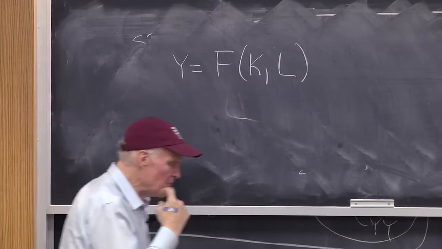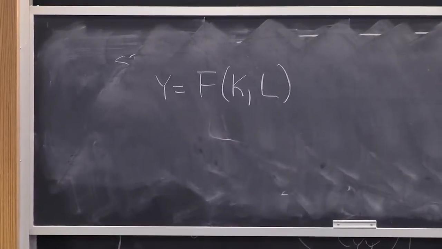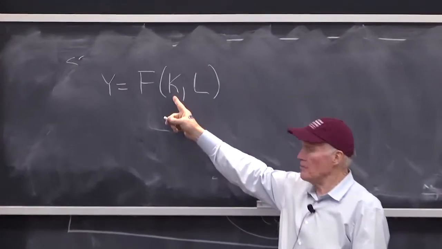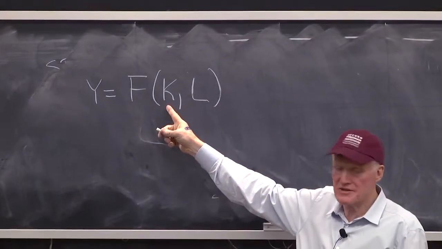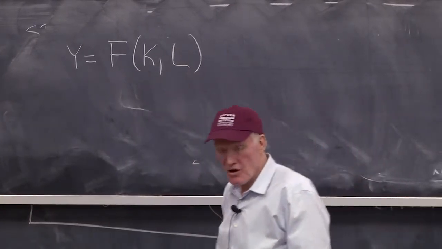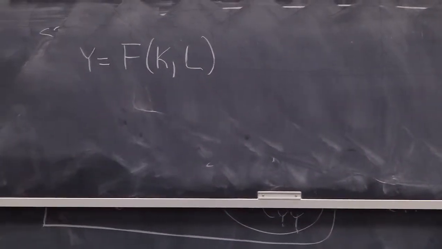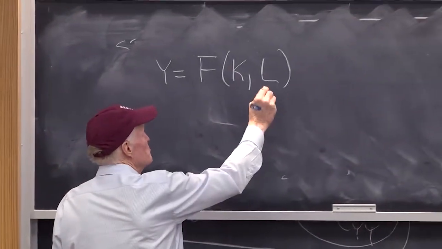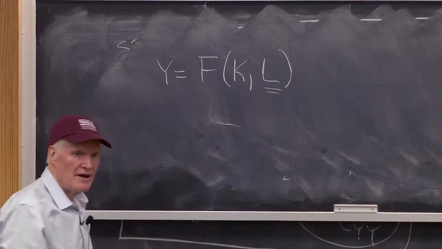That is, the amount of output we produce is a function of this aggregate we'll call capital, which is like all the machinery and stuff, and this aggregate we'll call labor, which is all the workers, okay? Often you might say, well, how do I measure it? Well, labor is measured in man hours.